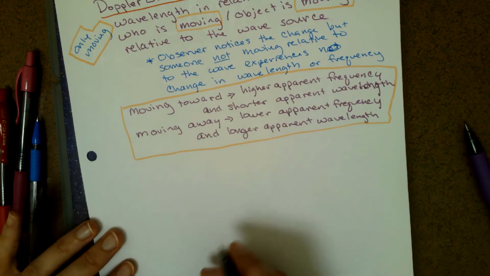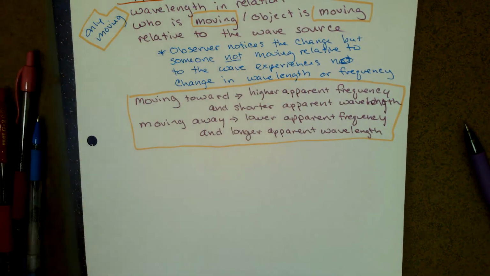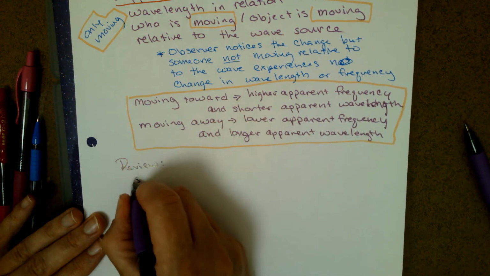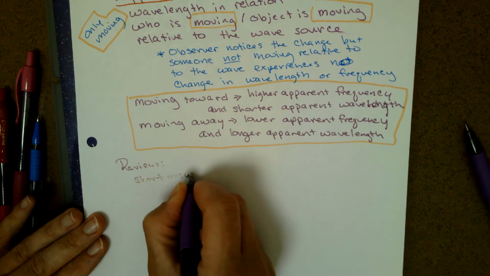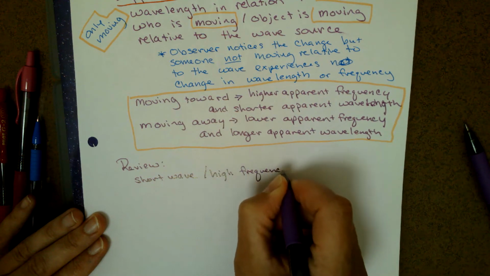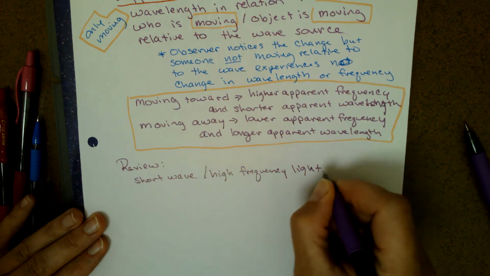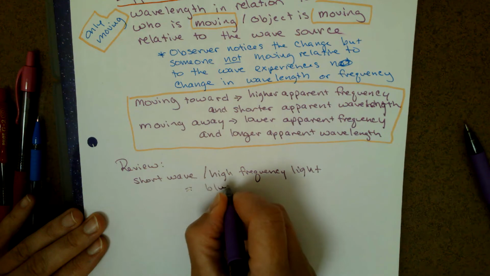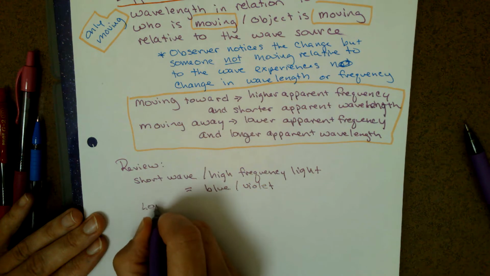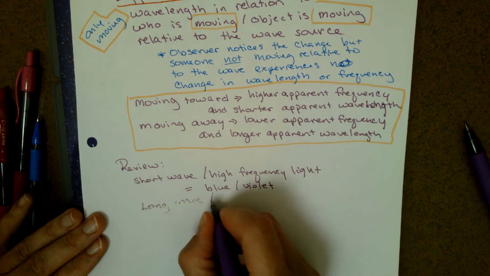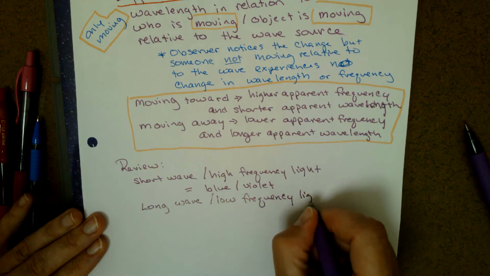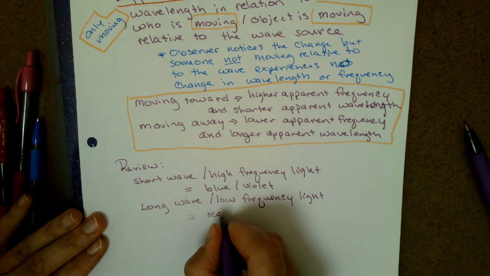So we use this very often with light in astronomy. Quick review. Shortwave, high frequency light is the blue or violet end of the spectrum. And long wave, low frequency light is red light.